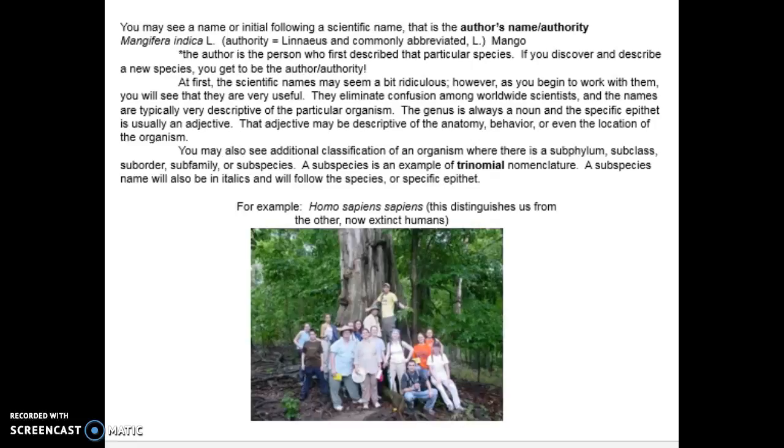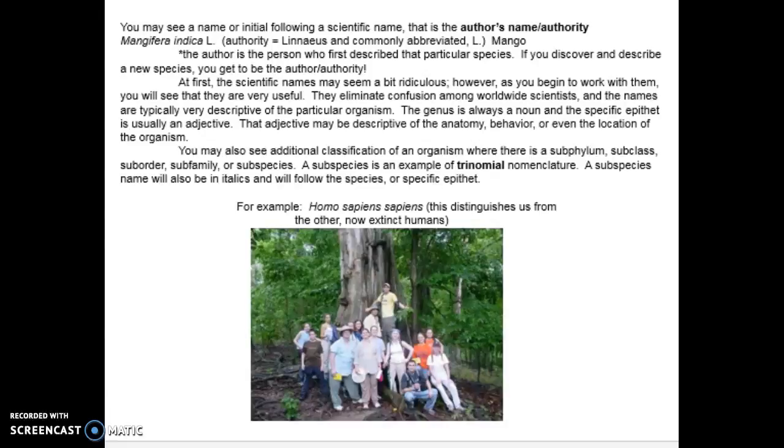So, cool thing: if you find something brand new to science during any trip, any research, you get to name it. Usually you're naming it at the species level, but maybe you find a brand new genus. That opportunity does exist when you get into the marine world, because there's still so much we don't know about it.